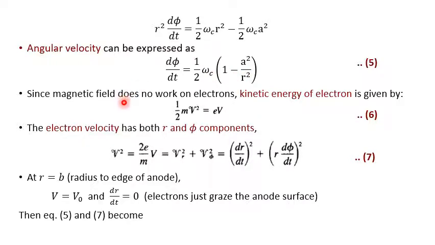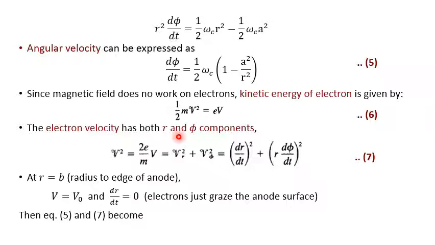Now, since the magnetic field is not doing any work on the electrons, the kinetic energy of the electron can be written as half m v squared is equal to e V. That represents the work done to carry an electron in the presence of a potential V. The electron velocity has two components, the r component and the phi component, because your electron is moving in a curved path.